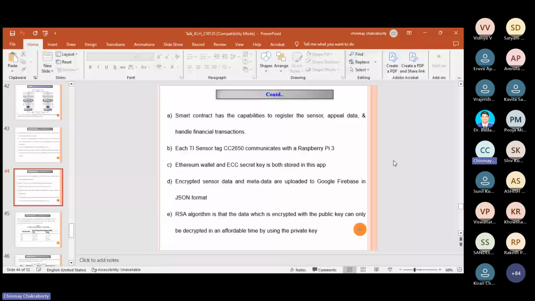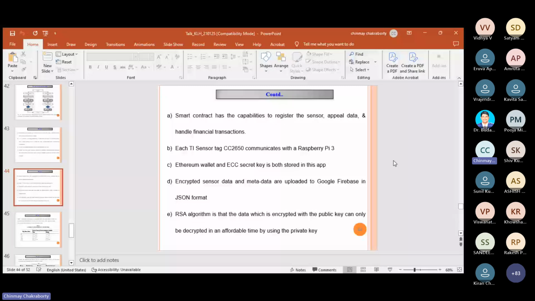Smart contracts have the capability to register sensors as smart contracts. We have discussed this several times. Smart contracts basically have the capability to register the sensor, upload the data, and handle the financial transactions. Next, each TI sensor tag CC2650 communicates with the Raspberry Pi 3.